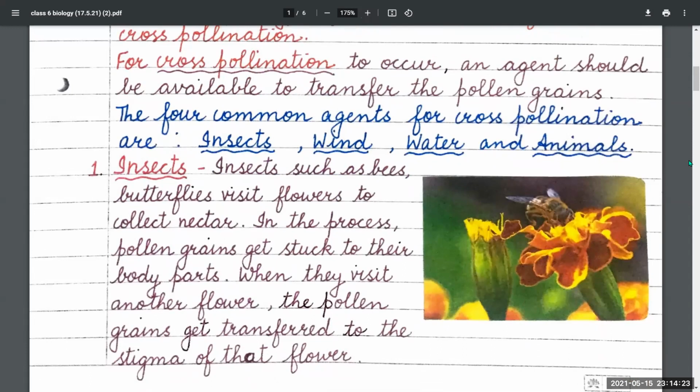Insects such as bees and butterflies visit flowers to collect nectar. In the process, pollen grains get stuck to their body parts. When they visit another flower, the pollen grains get transferred to the stigma of that flower.